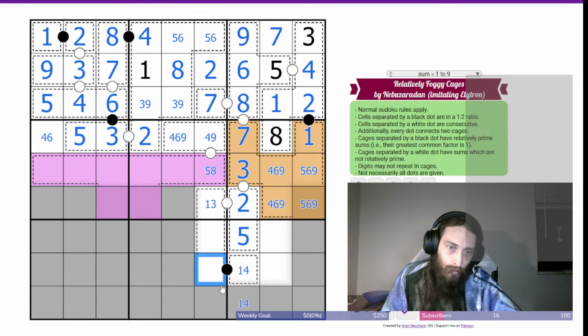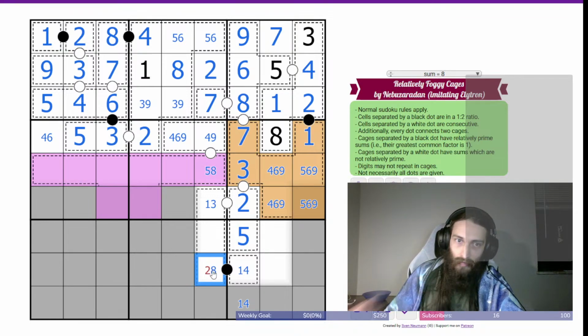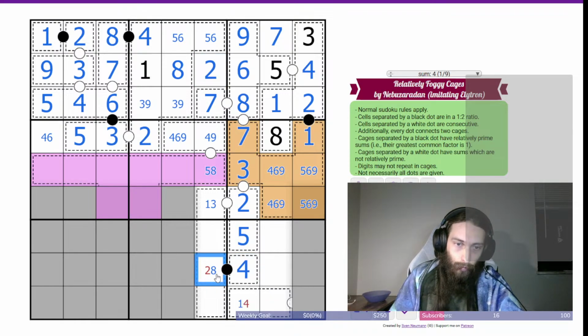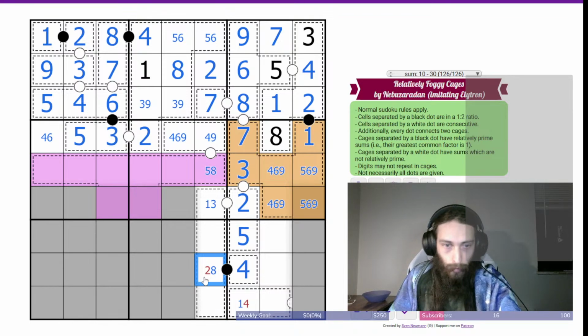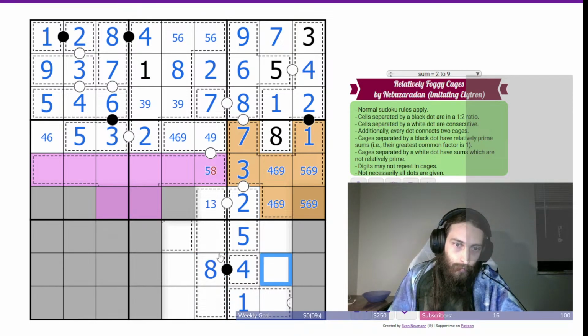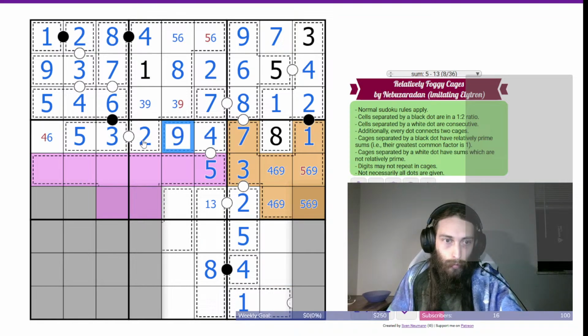Is this a 2? I guess it could be 2 or 8. I guess it's not a 2. So this can't be a 1. So that's a 4. 4 has to go to 2 or 8, but the 2 in the column makes it an 8. That's a 1. 5. 5 is not connected to 9, so that's a 4. That's a 9.